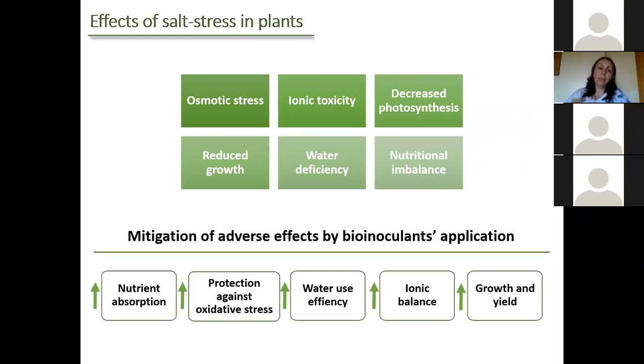However, fortunately, bioinoculants may mitigate these adverse effects because they will increase the nutrient absorption by plants. Also, they will protect them from oxidative stress. They will increase water use efficiency. They will contribute to the ionic balance inside plant tissues, and of course, they will increase their growth and yield.